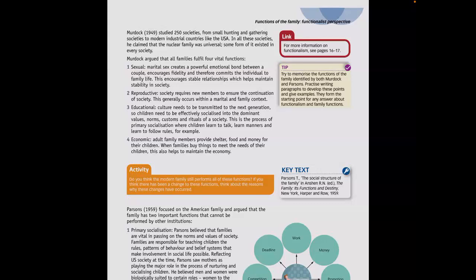Some form of it existed in every society. So Murdock's point of view was that the nuclear family was the most important type of family and that it existed within every aspect of family. Now, the nuclear family in definitive terms is two heterosexual parents, one being a guy, one being a female, and having a maximum of two children.